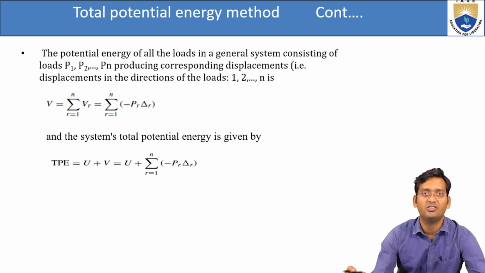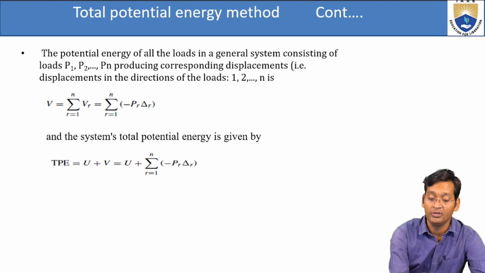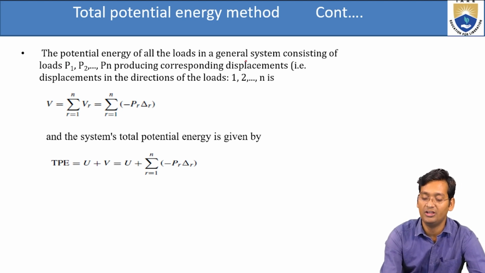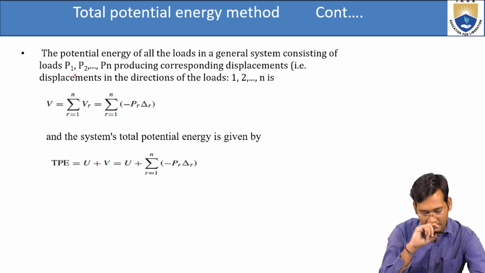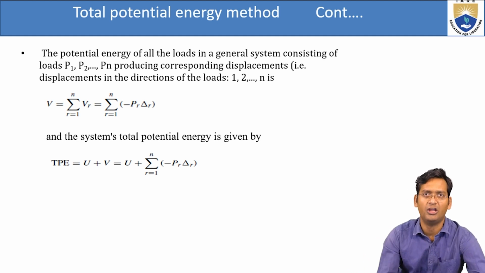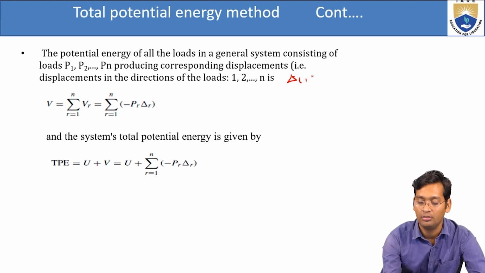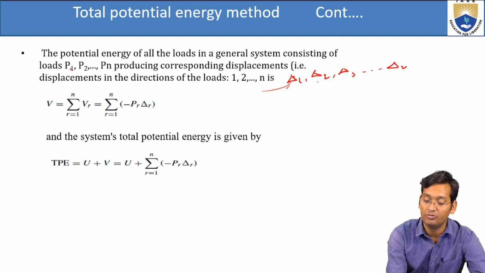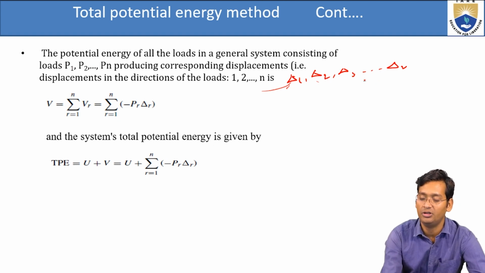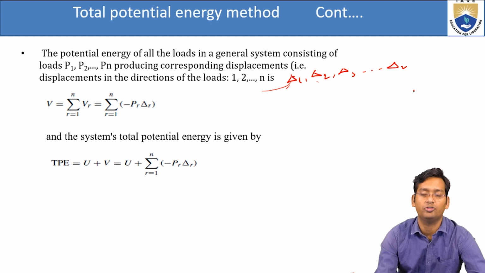Okay. So now just see, first apply the same principle of conservation. The potential energy of all the loads in a general system consisting of loads P1, P2, P3, and so on. Earlier we found it for one particular load only. Pn produces corresponding displacements in the direction of the loads: delta 1 at point 1, delta 2 at point 2, delta 3, and so on. P1 gives delta 1, P2 gives delta 2, P3 gives delta 3, and so on, and Pn gives displacement delta n.